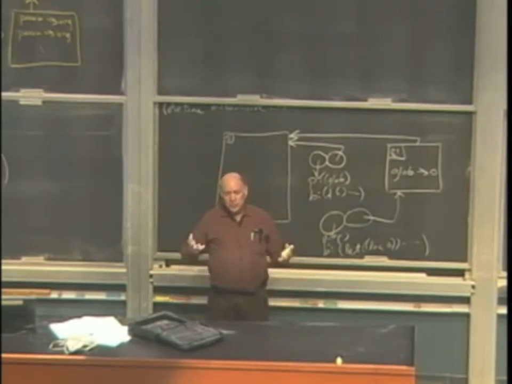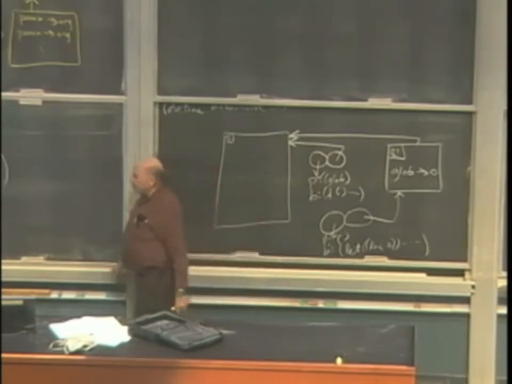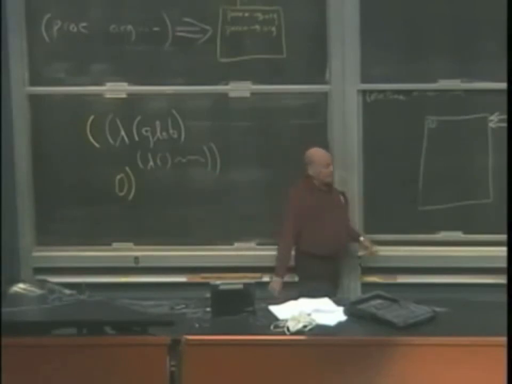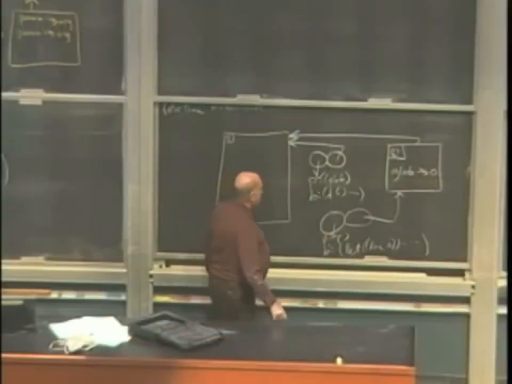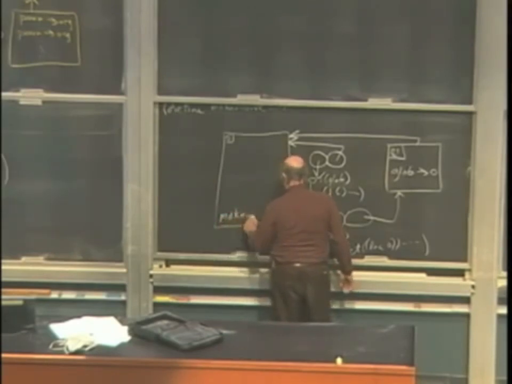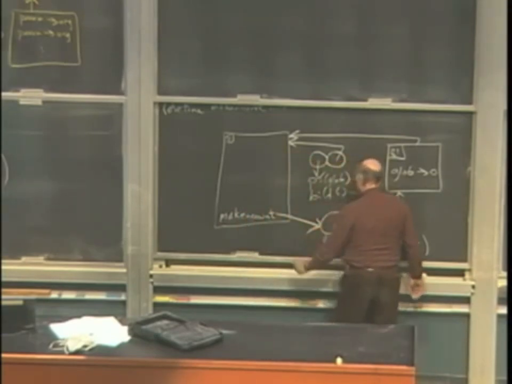Lambda just returns the procedure as its value. So that's the value of this lambda. And therefore, it's the value returned by the let. And therefore, make count is this procedure.